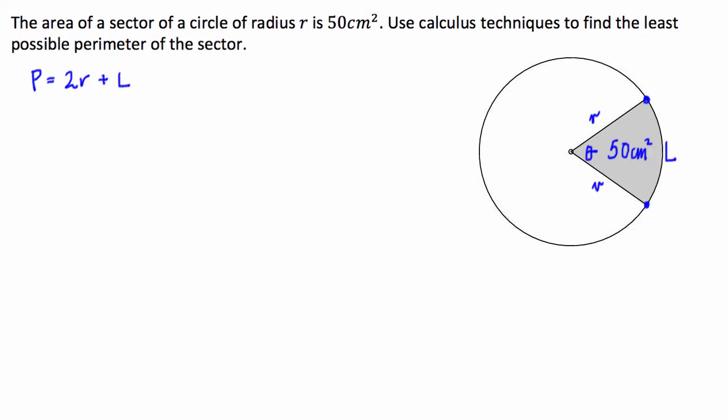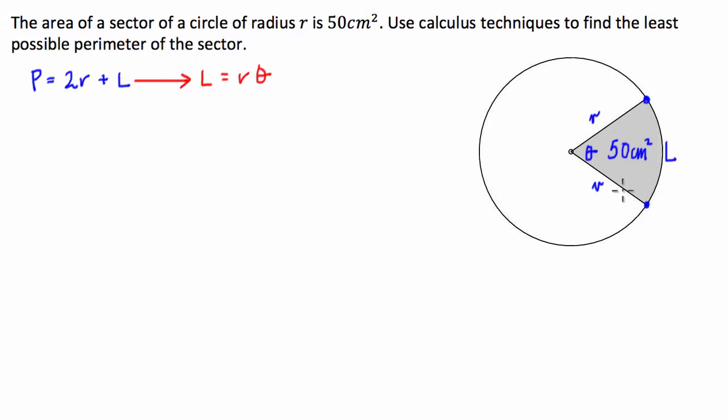Hopefully you know that I can work out an arc of an angle subtended at the center of a circle by using the formula L equals the radius times the angle, where the angle is in radians.